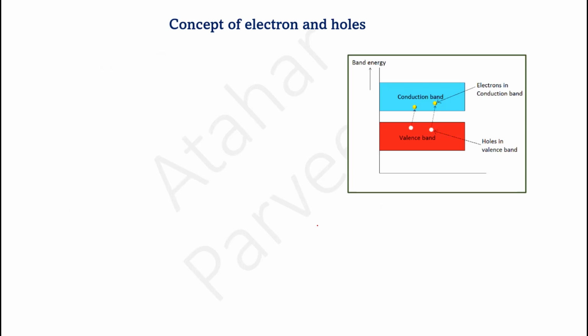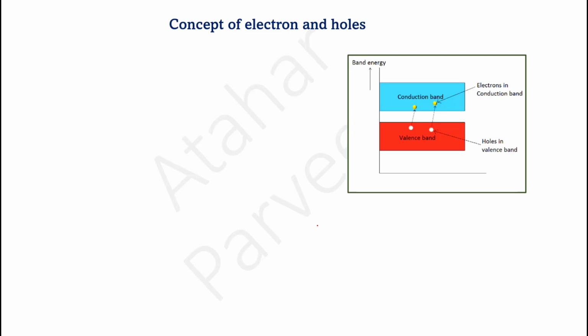Now, in a conductor, charge carriers are only electrons. We know it, right? But in a semiconductor, charge can be carried not only by electrons but also by certain particles known as holes. We cannot actually call them particles. Usually electrons are responsible for flow of current, but in their absence from a particular place in an atom, a vacancy is created in that atom.